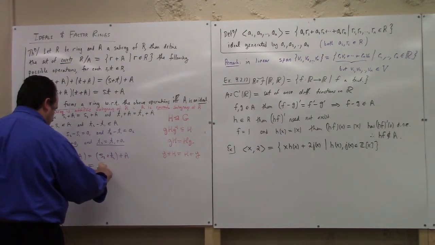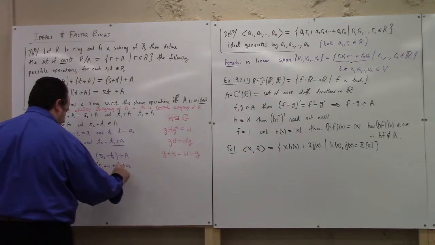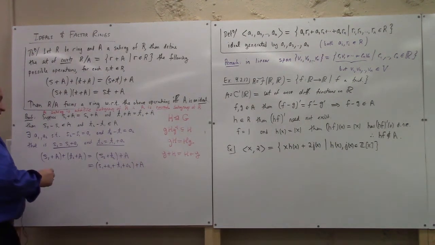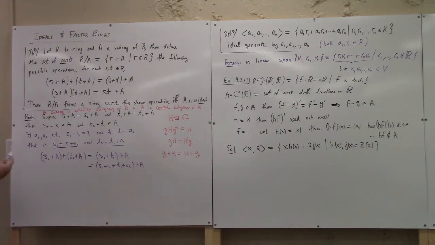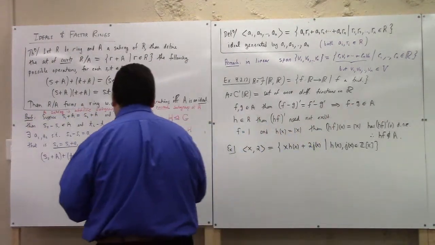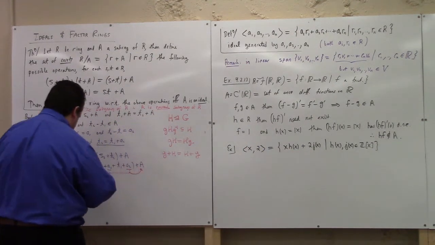Well, it's S1 plus A1 plus T1 plus A2 plus A, which then, by the rules of coset calculation, you can absorb elements of A into A. So this guy and this guy get sucked into that.